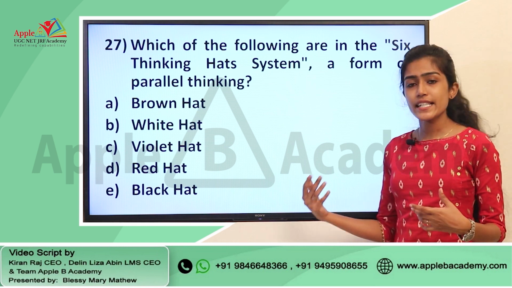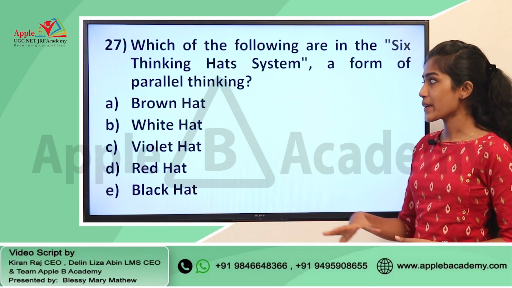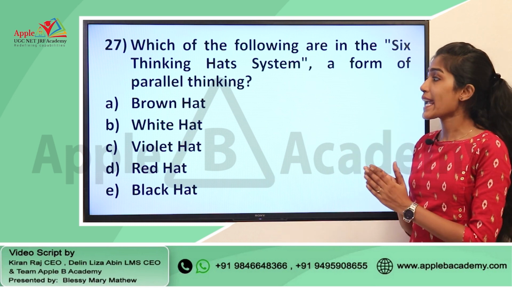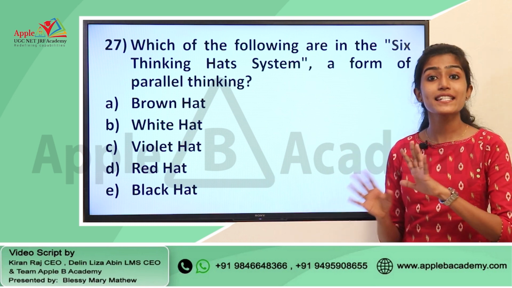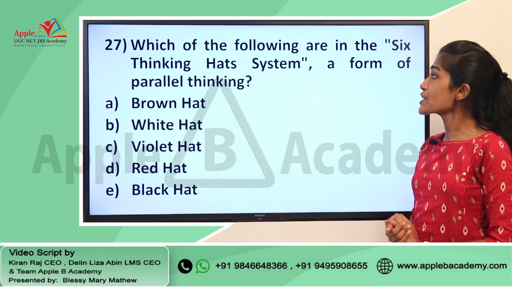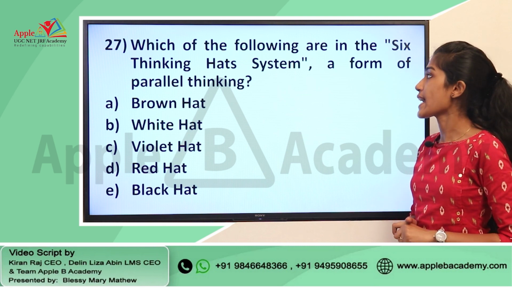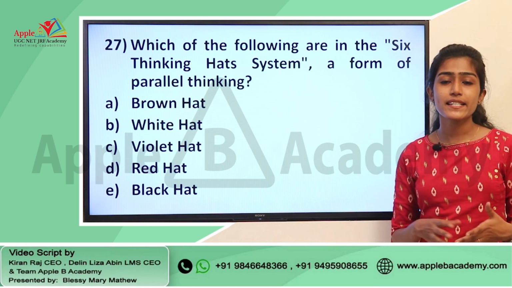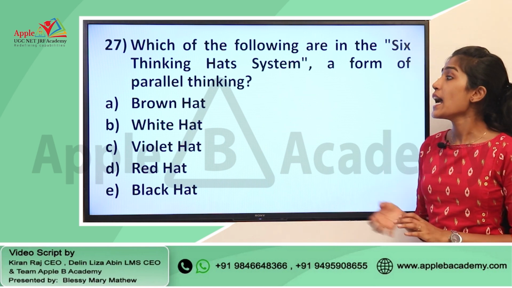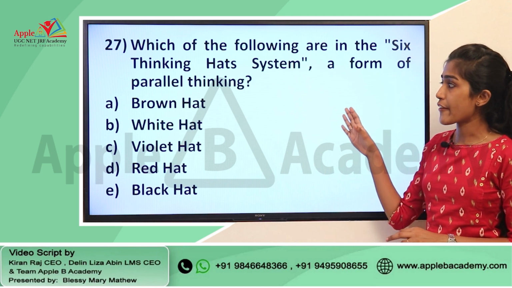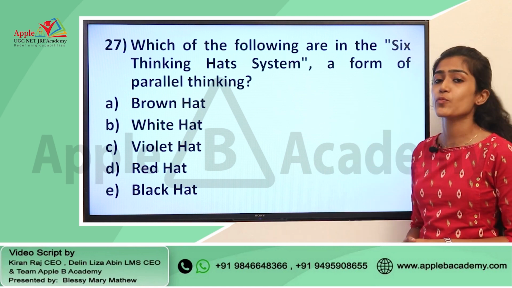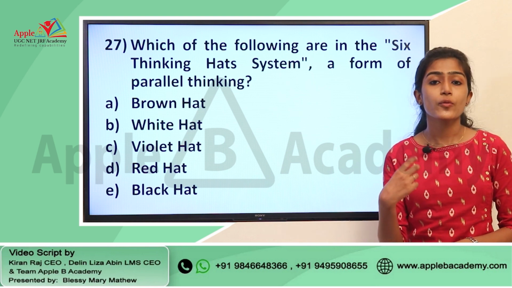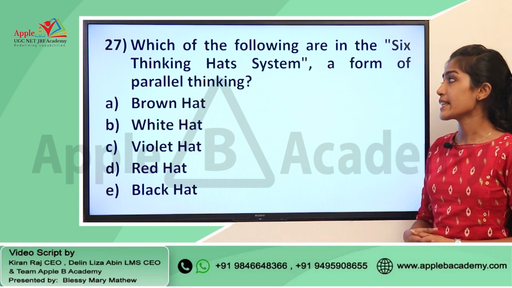So, we have already seen a question from this particular topic, thinking hat system, in this shift, but again we have another question from the same area. Which of the following are in the six thinking hat system a form of parallel thinking? The previous question was basically a match the following question, and in this question they have given us various options from which we have to identify those which we can accommodate in the six thinking hat system.